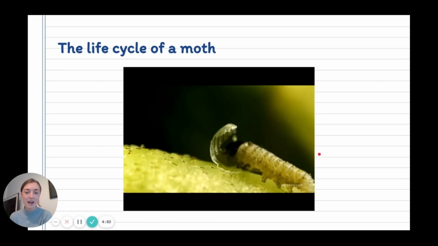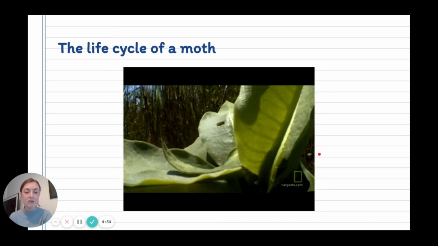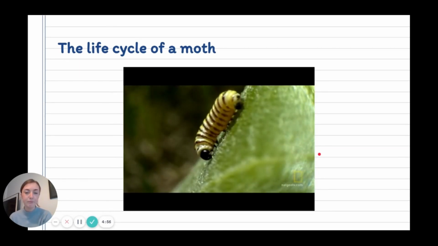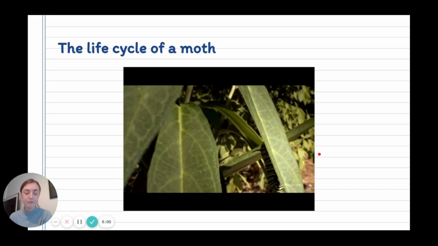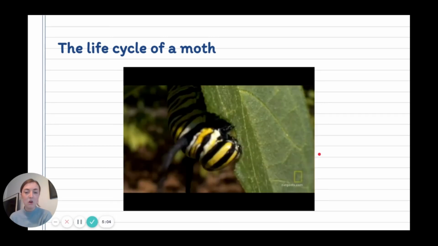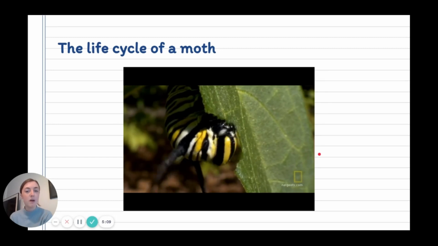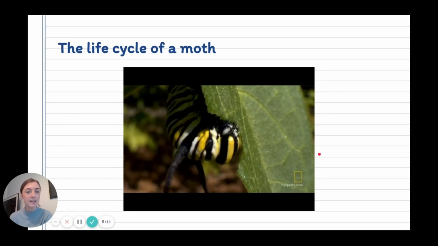It's a caterpillar. Caterpillars come out of the egg. So that's the second stage of its life. He's eating lots and lots and lots of food. You may recognise this part of the life cycle from the story The Hungry Caterpillar.